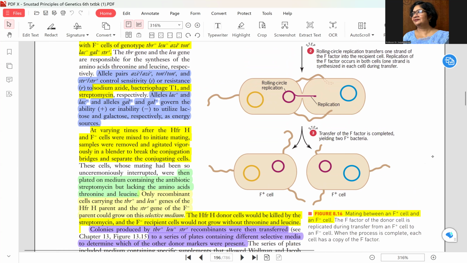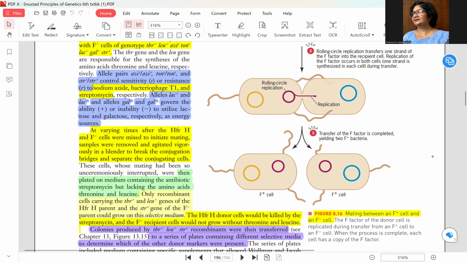However, if the donor cell gave away its F factor to the recipient cell, it would itself become a recipient and would not be able to transfer DNA to other cells in future. In order to stop that from happening, donor cells replicate their F factor before the F factor is transferred into the recipient cell.